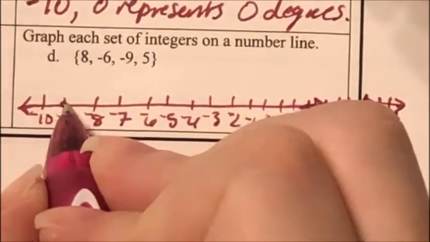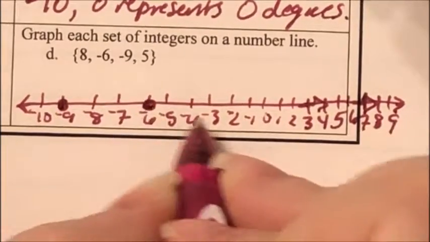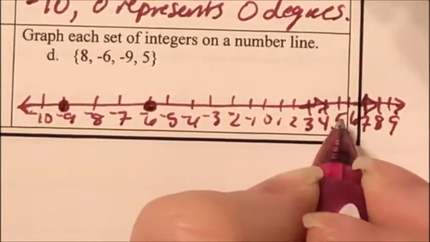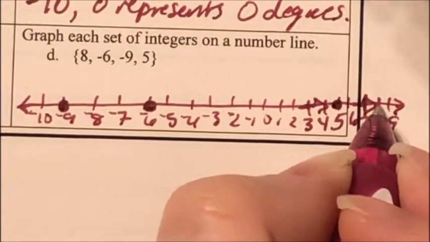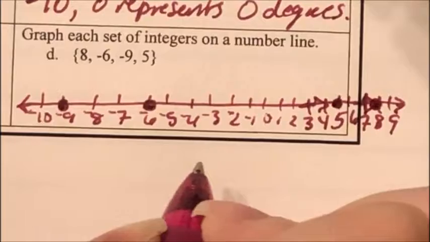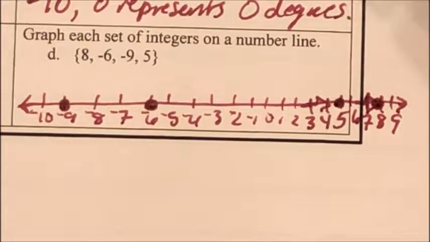I have -9, -6, 5, just right there, and 8. Okay, so there's my points. Graph each one of them on a line. Okay, and that is the end of lesson 1.